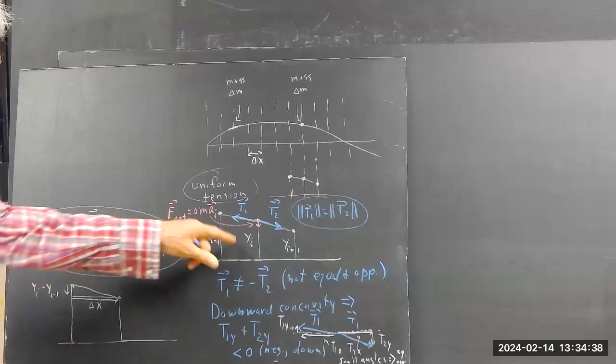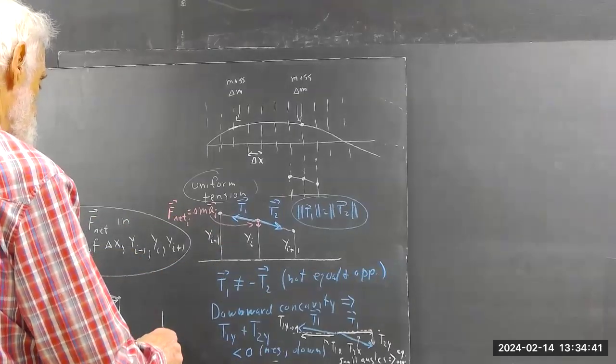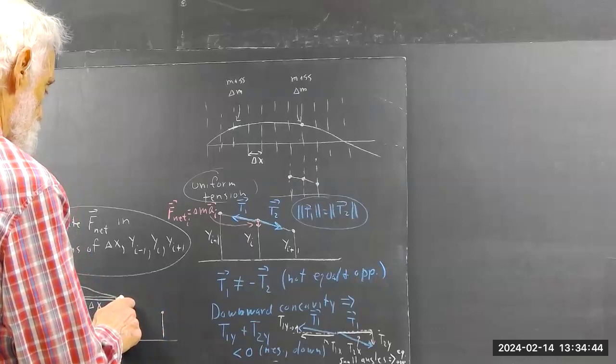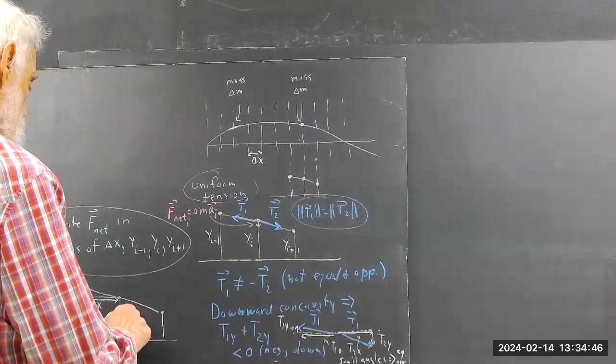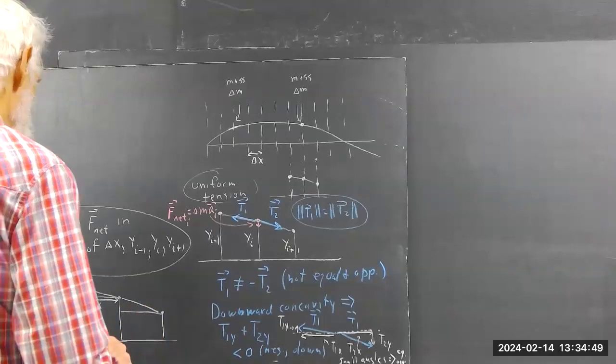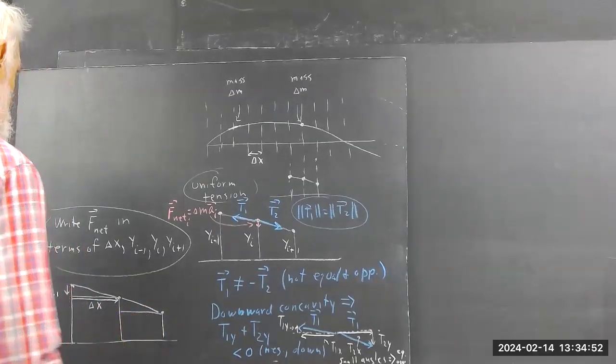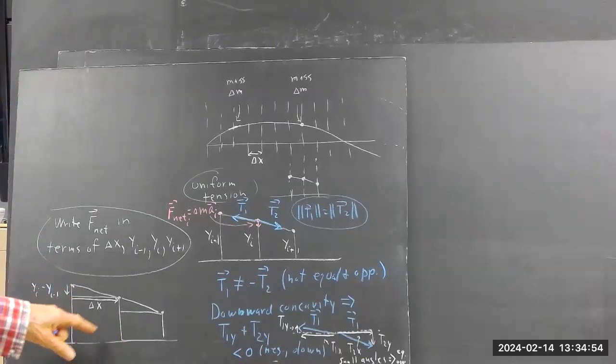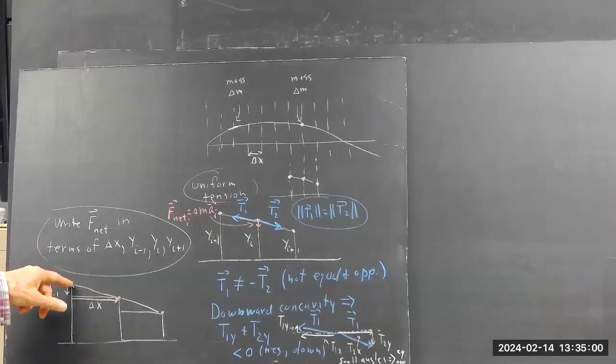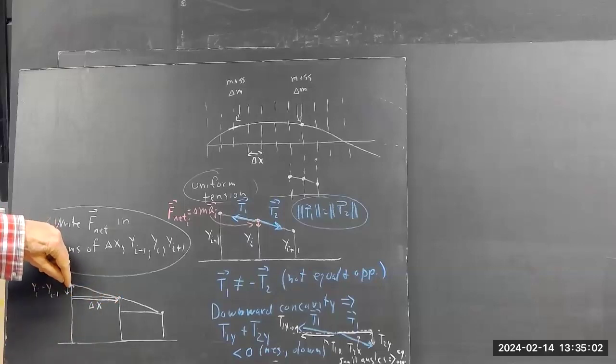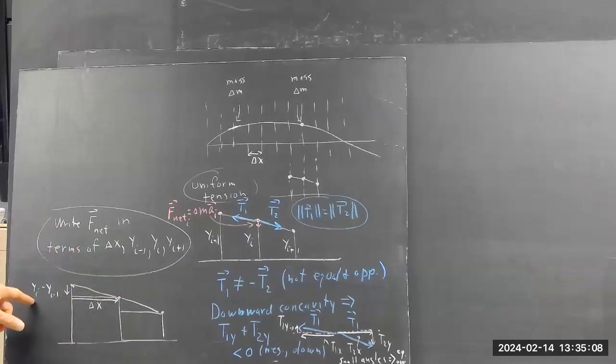Okay, I'm going to just redraw this picture. Again, let's exaggerate the change in slope here. Okay, on this picture, I've indicated a right triangle that actually kind of goes from here down to here and over. Its rise is yi minus 1. And since yi minus 1 is bigger, it's going to be negative.